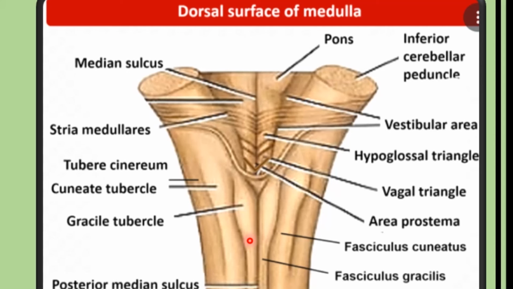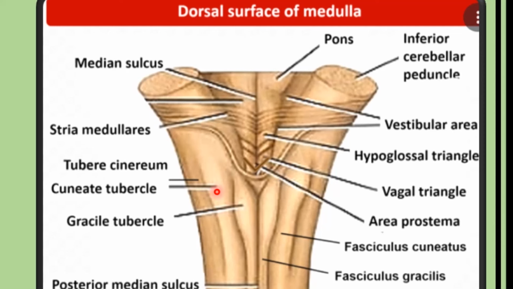If we do the same for the fasciculus cuneatus and trace it upwards, it also ends in another swelling, called the cuneate tubercle. Inside the cuneate tubercle is a mass of gray matter called the nucleus cuneatus.